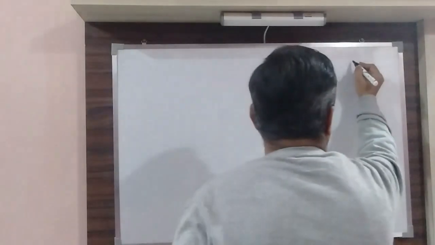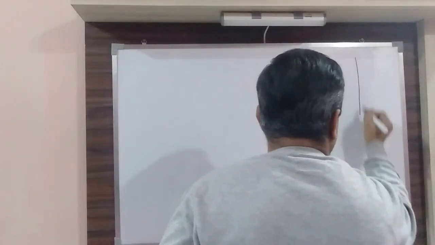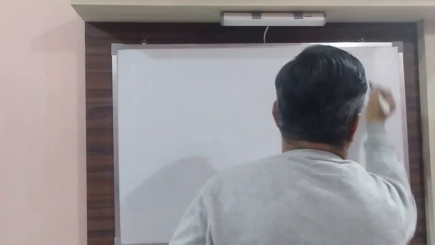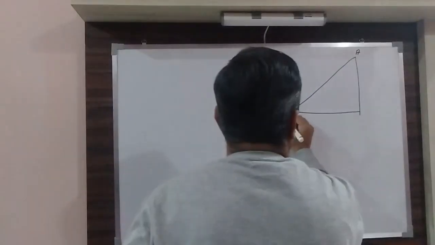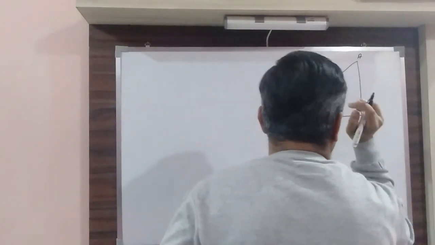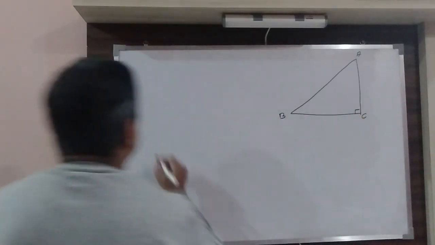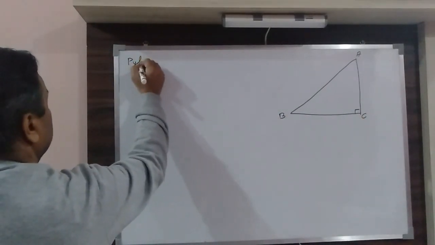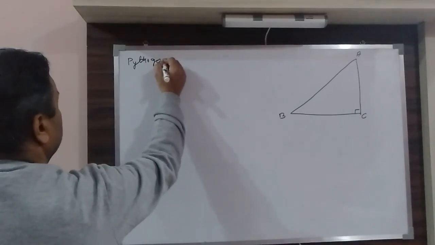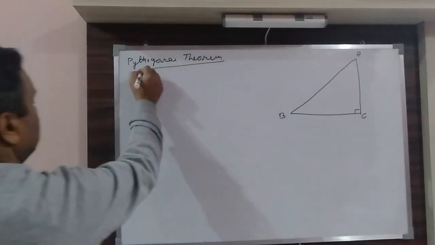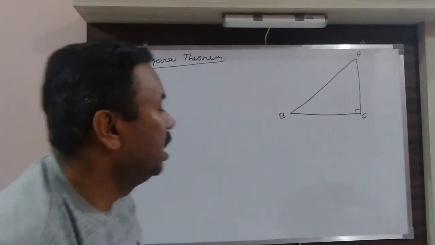Pythagoras theorem means, if you have got one right triangle, suppose that this is ABC. Okay, the right angle is at C. What does it say?